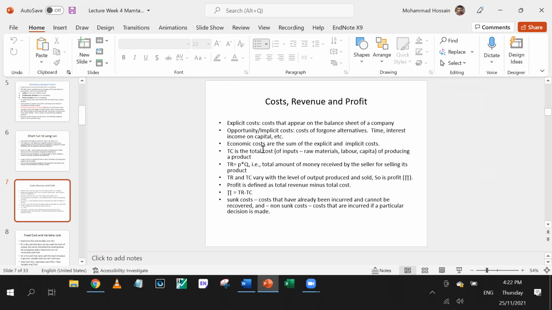Okay, so economic cost is the sum of explicit and implicit cost, the total cost of inputs. Okay, so now we can understand it better. Let's move on. We know that total revenue will be equal to price into quantity, the total amount of money received by the seller for selling the product.